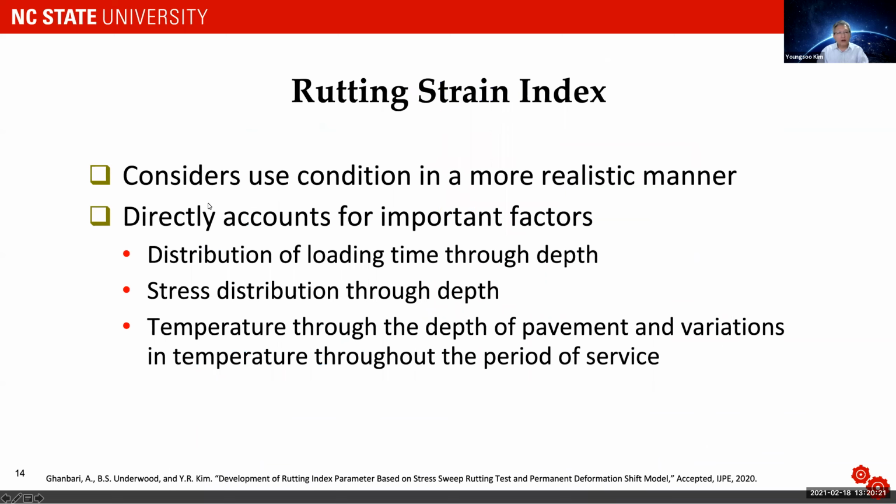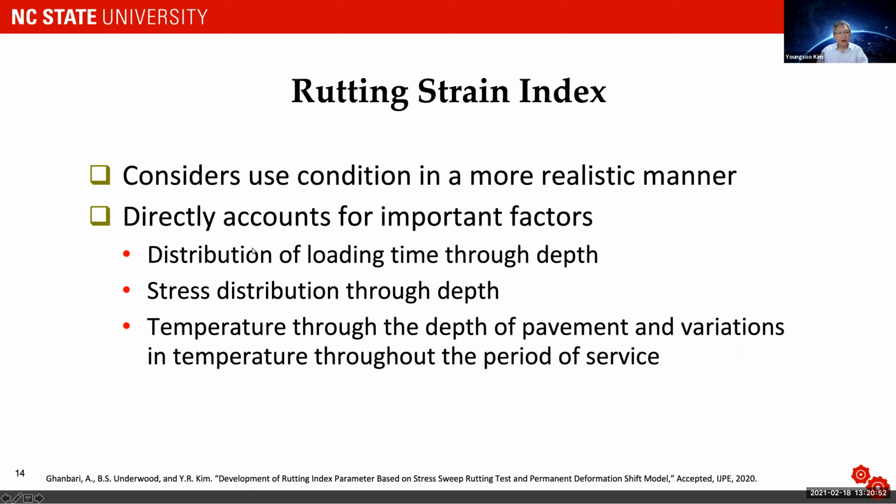So the good thing is that the rutting strain index considers use condition in a more realistic manner compared to something like flow number, where you get a kind of snapshot behavior of the material. We actually get the material performance under different temperature gradient and loading time gradient and stress gradient and everything.